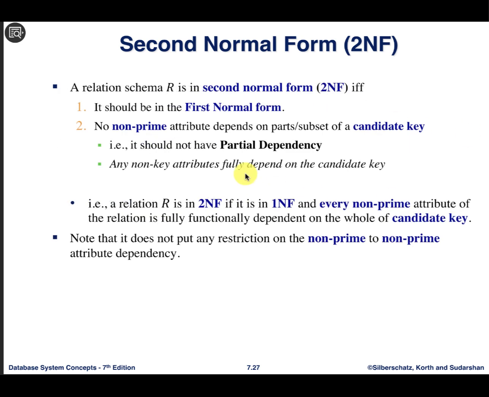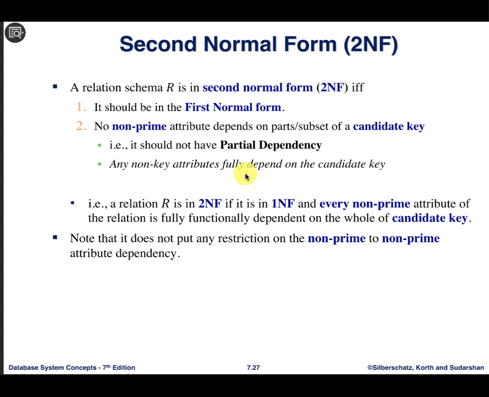So the second normal form says what in this case? It should be in the first normal form, and no non-prime attribute depends on a part or subset of the candidate key. In other words, we don't have a partial dependency. Why is partial dependency bad? It means you put information that doesn't relate to the entire key.